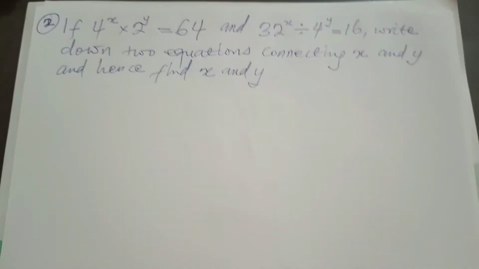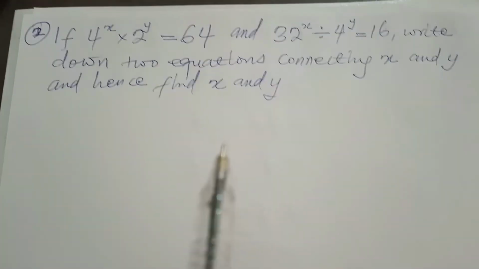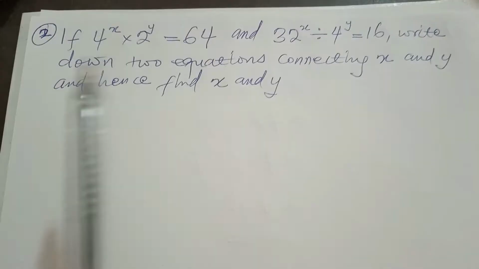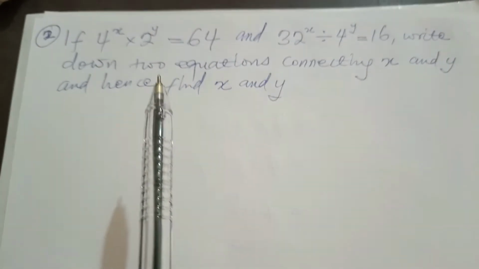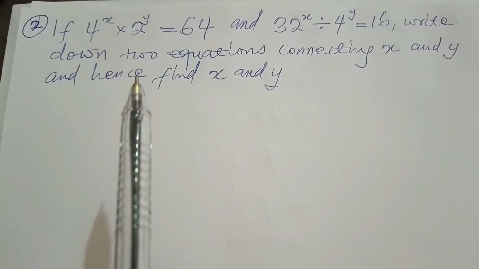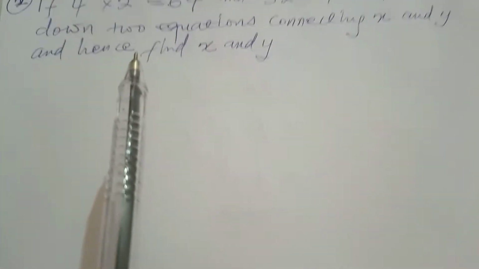The same analogy here. The fact that we have x and y and then we have 2 equations should tell us that we can get the answer by solving simultaneously.